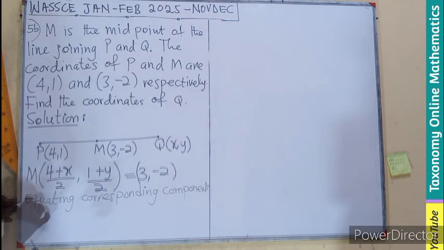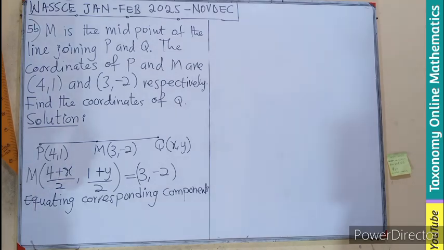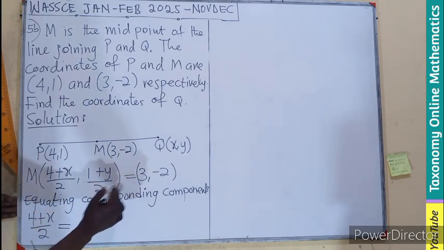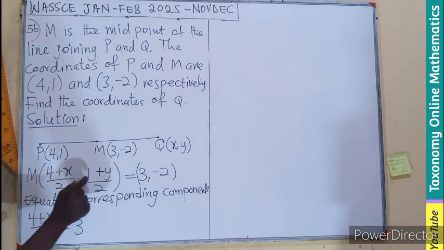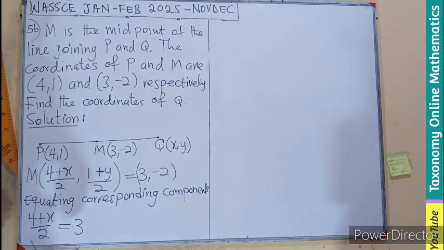So we can say that, equating corresponding components, the X component and X component, we have (4 + X) divided by 2 equals 3. This is an equation that has a fraction, so we cross multiply.